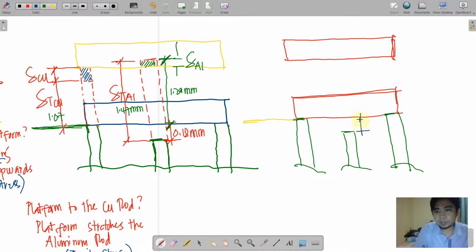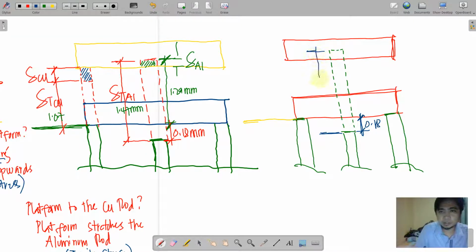Anyway, let us label that. This is 0.18. So we have just said that this central rod will extend up to this level, and a certain portion of the rod will be inserted on this platform. So next we're going to label that.